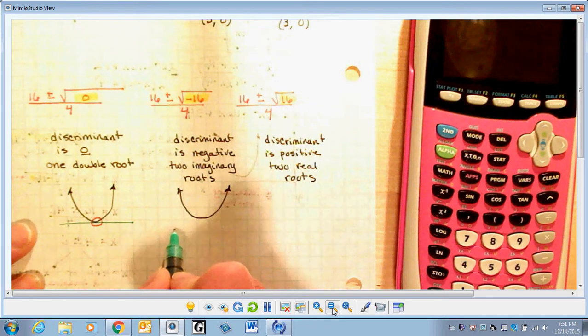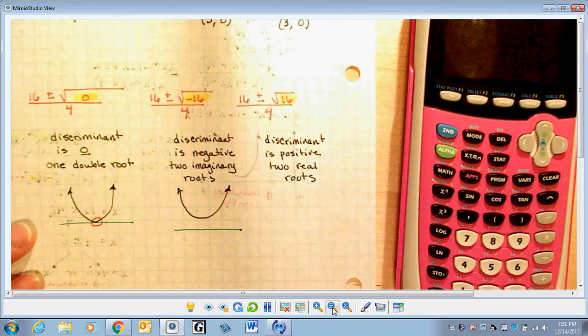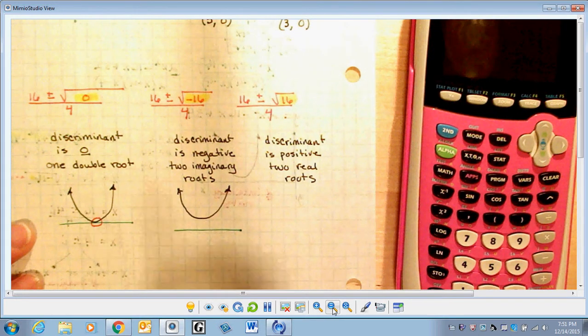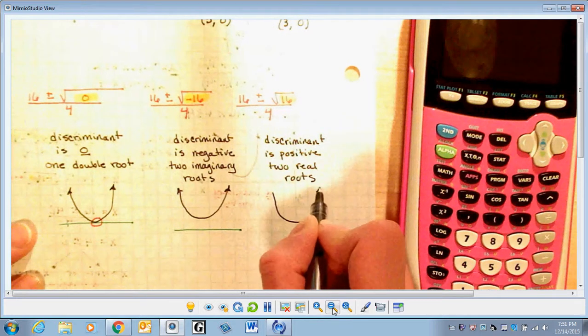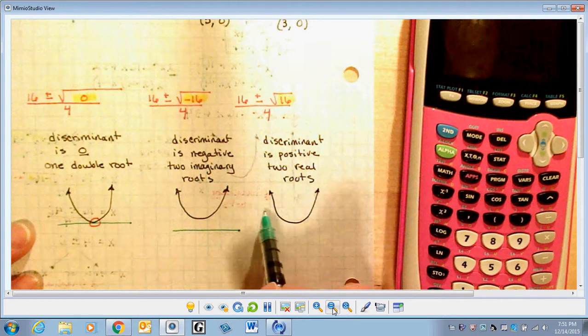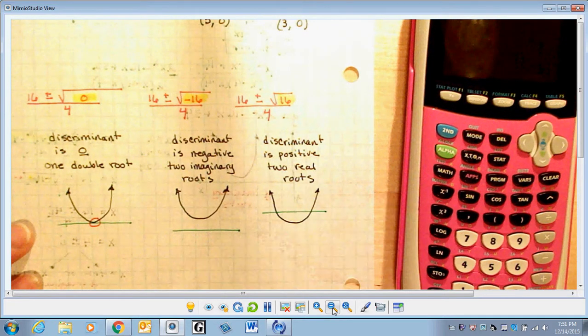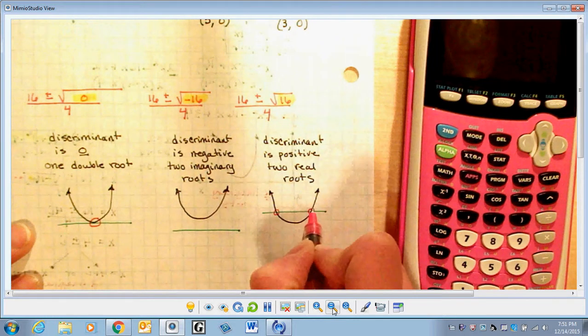My x-axis is down here, and it's not touching, so my roots are imaginary. And on this one here, I'm going to draw my parabola, and then I'm going to draw on my x-axis. And so here we see that we have two real roots.